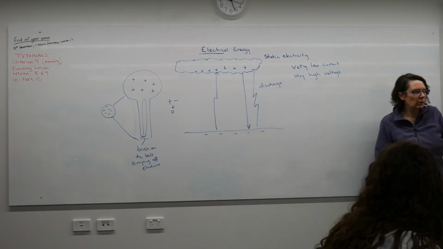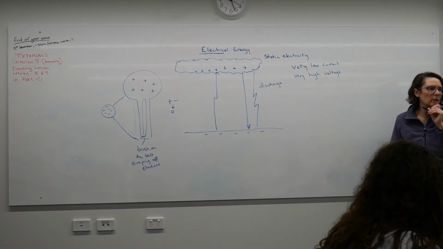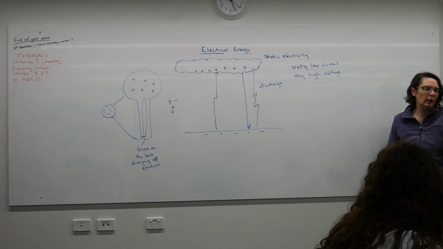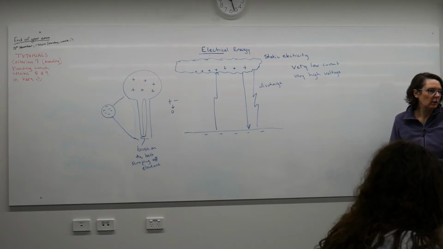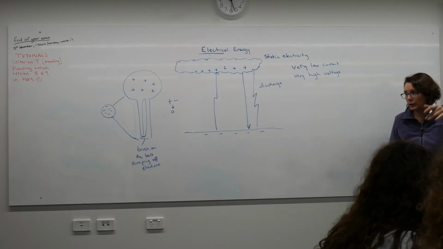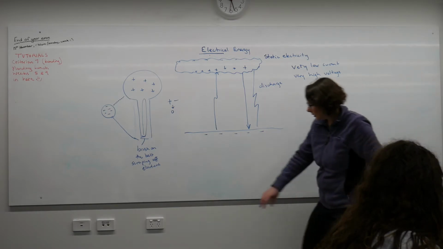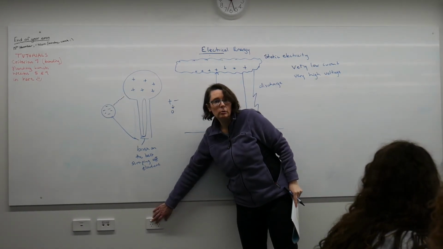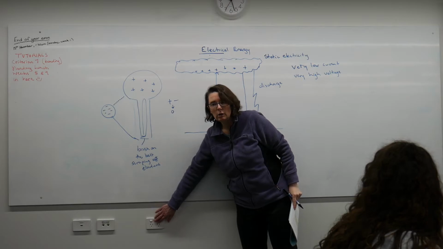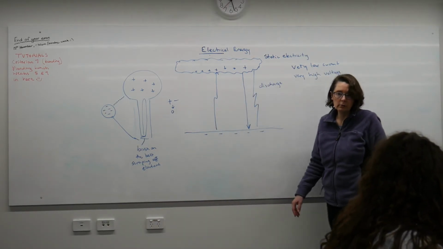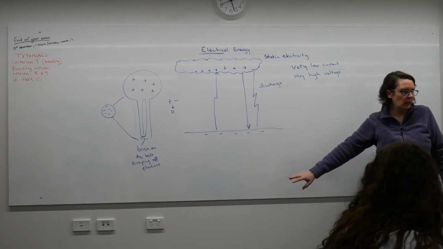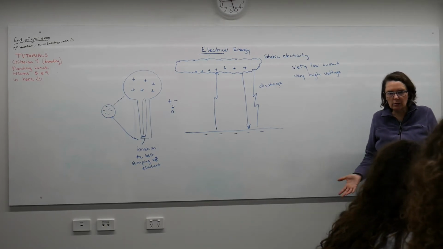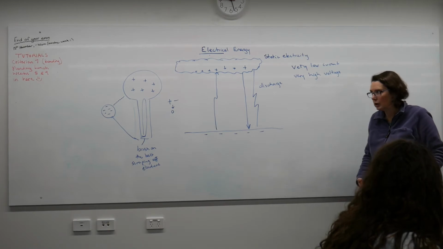So when I was talking to you about our circuit, we were thinking about a 12-volt battery or a 1.5 volt cell, and if we use the power points like we've got here, in Australia these are 240 volts. In the US they use 120 volts. But that's the sort of voltage we're thinking about for our everyday usage in a circuit.